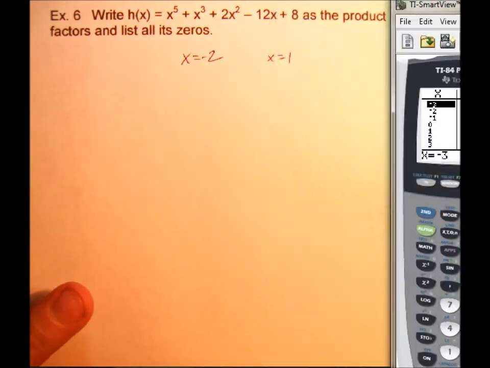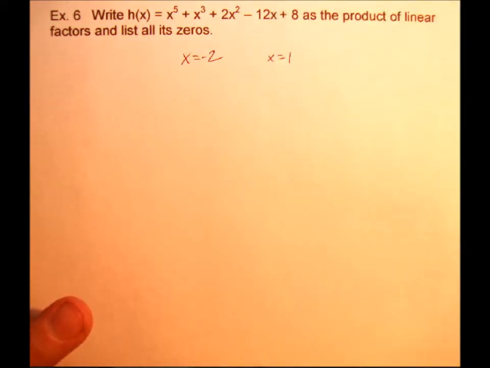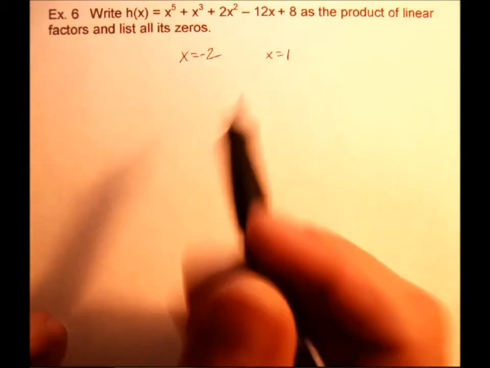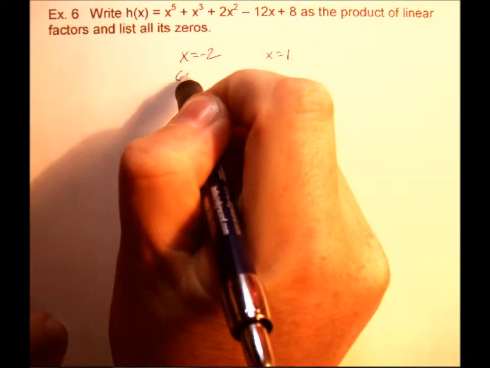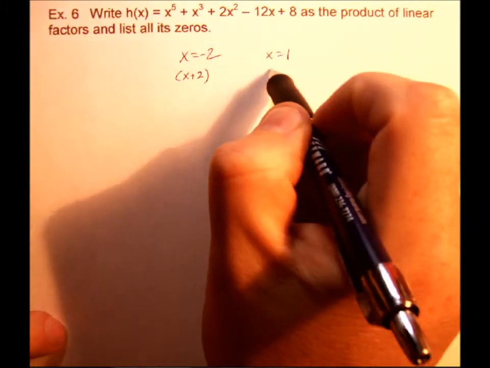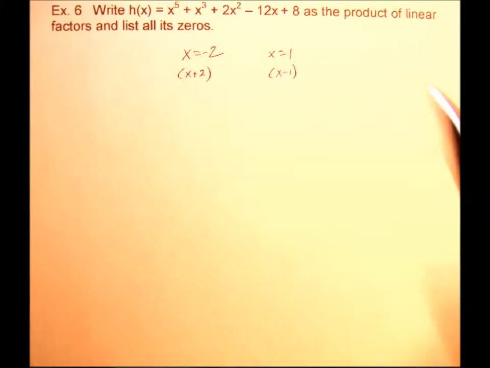So let me scoot my calculator out of the way, and let's get to our factors now. If this is a 0, we know that x plus 2 is a factor, and also x minus 1 is a factor of what we have so far.